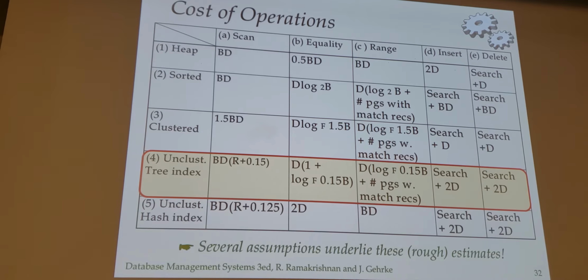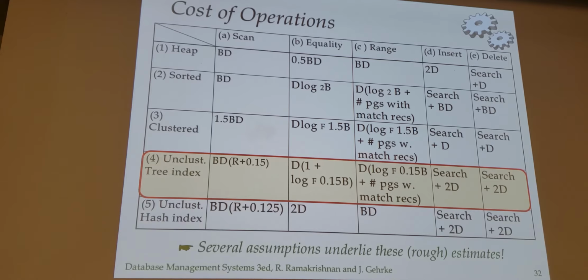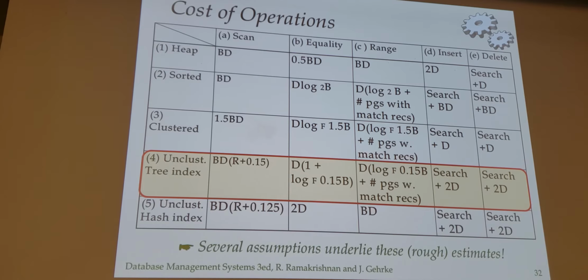Let's get to the equality thing. Anybody want to explain to me what's written there? The D, of course, is going to be the cost of getting a page. Why the 1 and why the log to the base f of 0.15b? Hint, it's the same kind of reason we had for the first box in that row. Part of it is the cost of getting records, and part of it is the cost of using the index.